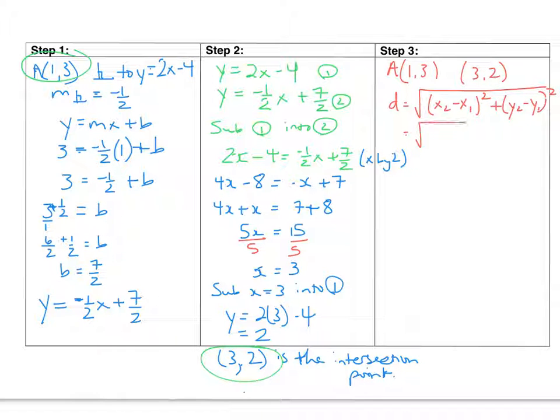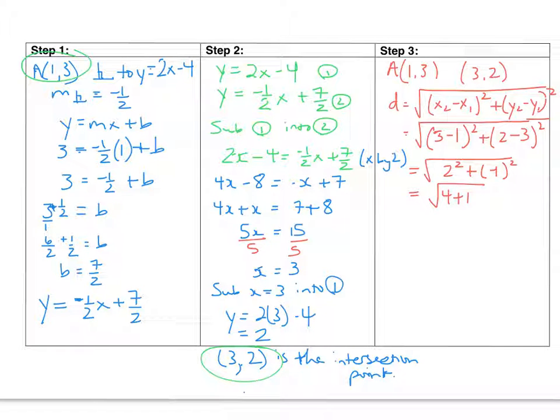That's going to equal the square root of (3 - 1) squared plus (2 - 3) squared, which is the square root of 2 squared plus negative 1 squared, equal to 4 plus 1 rooted, which is the square root of 5. So my distance is approximately equal to 2.24 units.